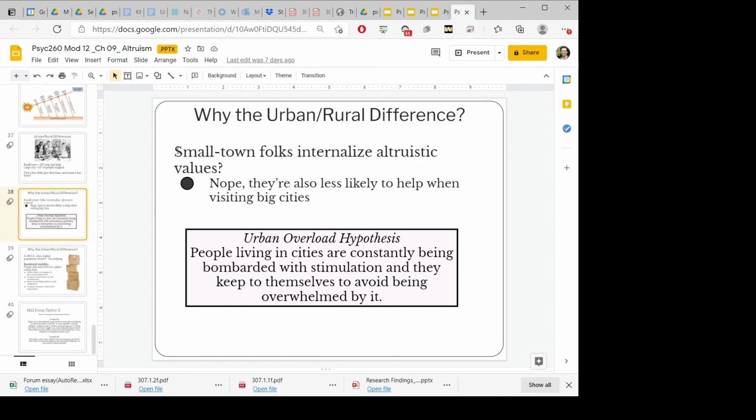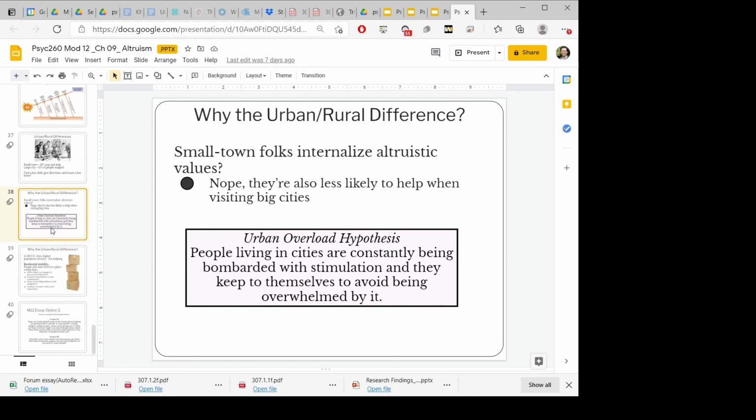When you put one group of people in a different environment, for example, if you put rural folks in big cities or put big-city folks in a rural area, then they also behave less pro-socially or more pro-socially, respectively. So it's not the person, it's more the environment.